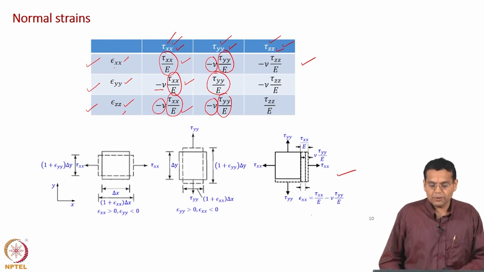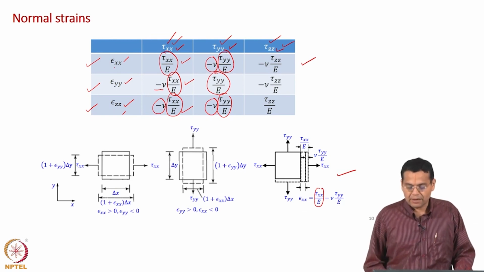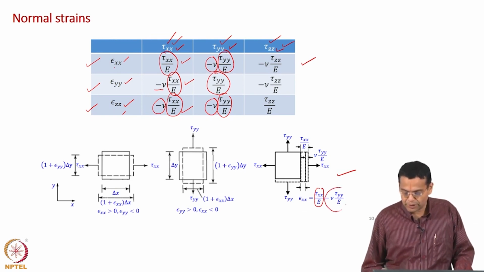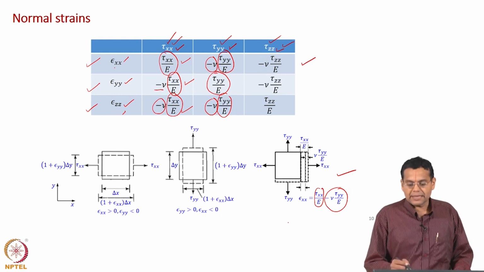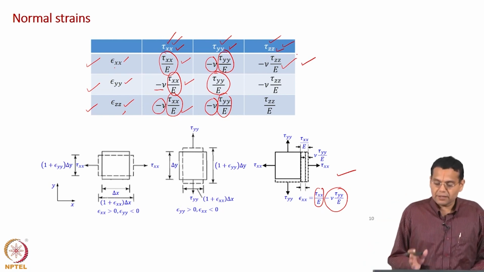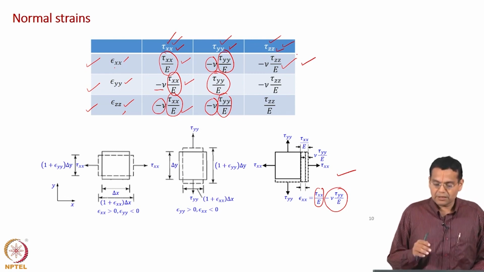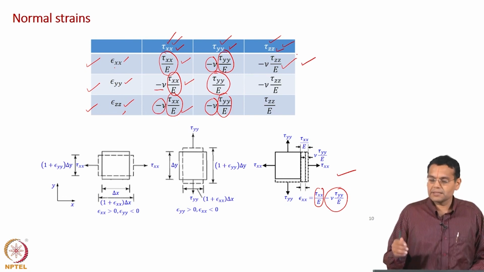Look at the first row. In the first row, the first column entry is tau xx by E, second column entry is minus nu tau yy by E, and because it is 3 dimensional case, you have one more entry minus nu tau zz by E. Okay. The significance of the different terms in the first row are contribution to normal strain along x direction because of normal stress in x direction, normal stress in y direction, normal stress in z direction.